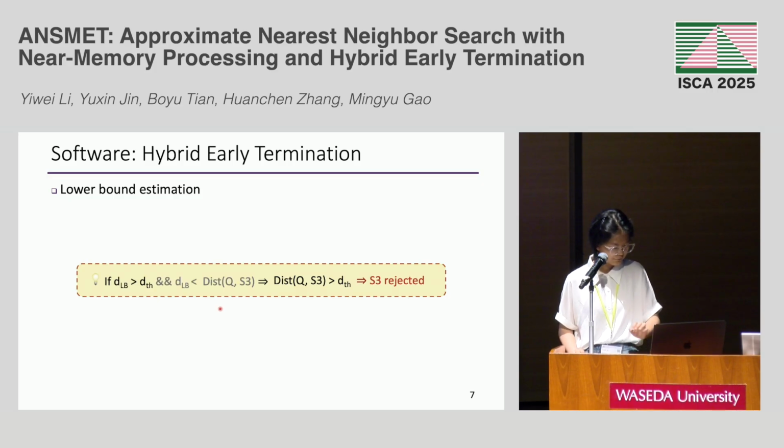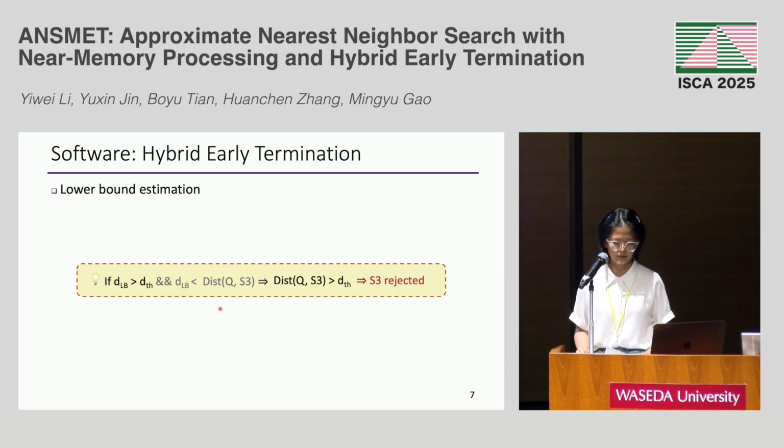I mean, when fetching the vector data, before finishing fetching the whole information, we can estimate the lower bound of the distance using the existing partial vector. And if the lower bound is larger than the threshold, we can say that the distance is larger than the threshold and we can reject the vector with partially fetched data.